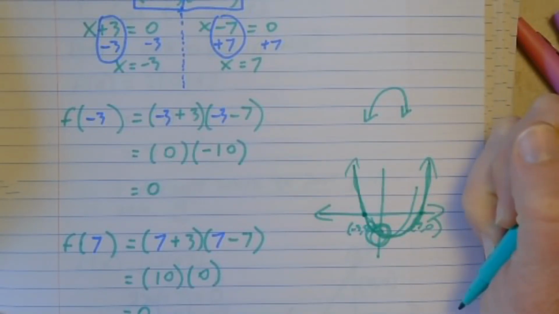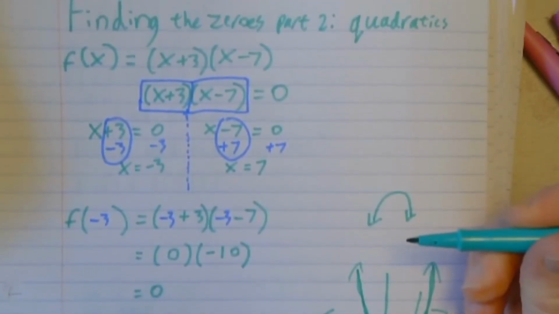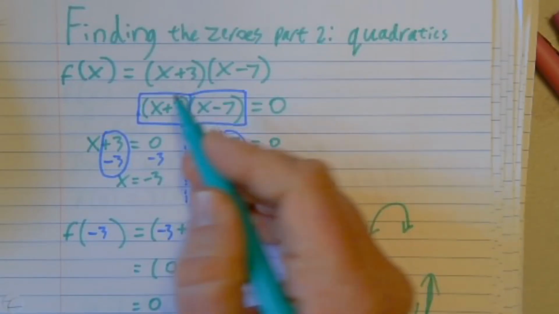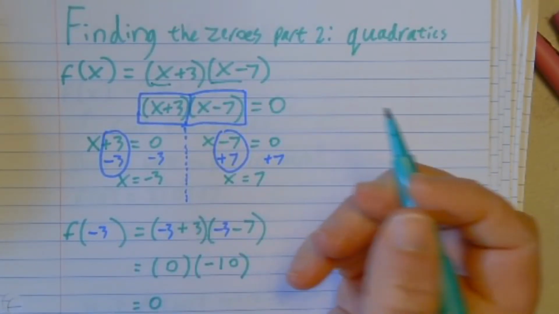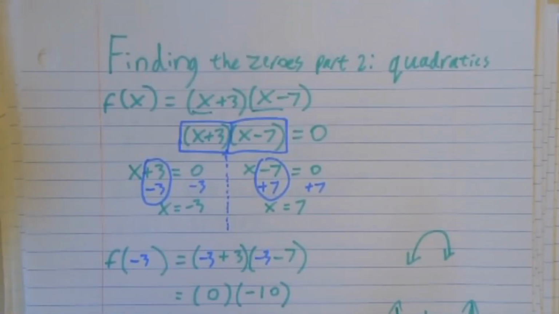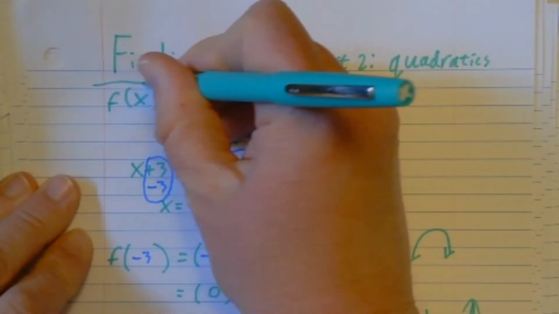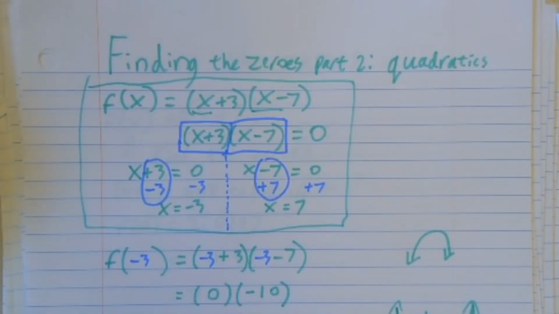And the reason that I knew that it would be this shape is because it's a second degree polynomial. It's a second degree polynomial because it contains 2 x's. 2 x's mean it's a second degree polynomial. And this is how you can find the zeros if you have a factored second degree polynomial.